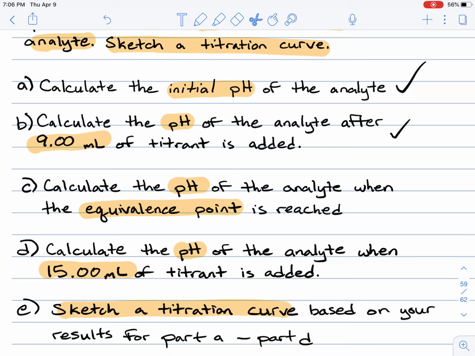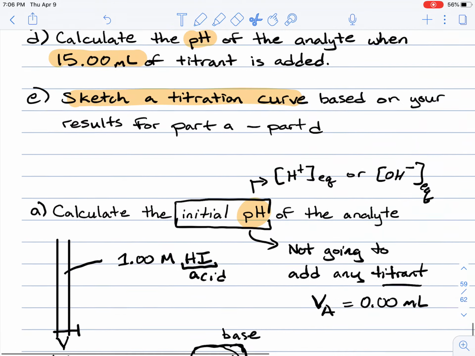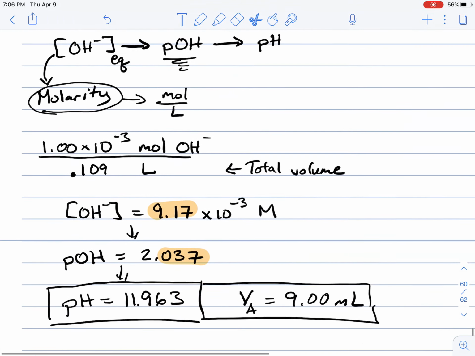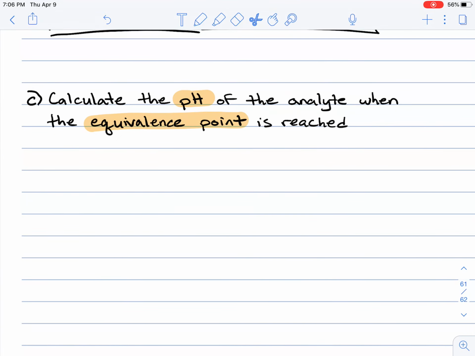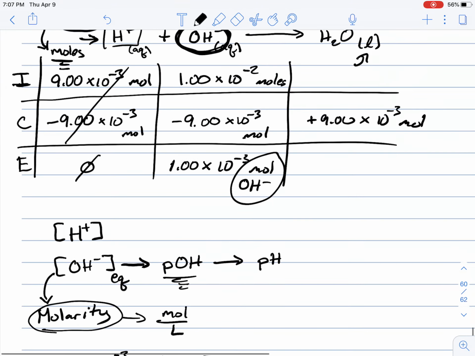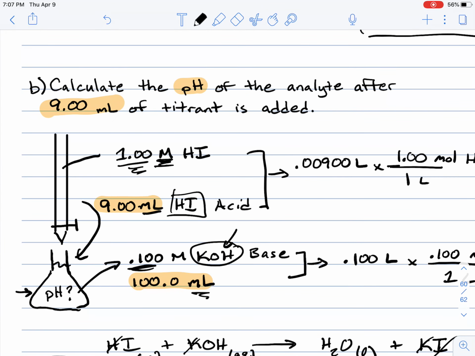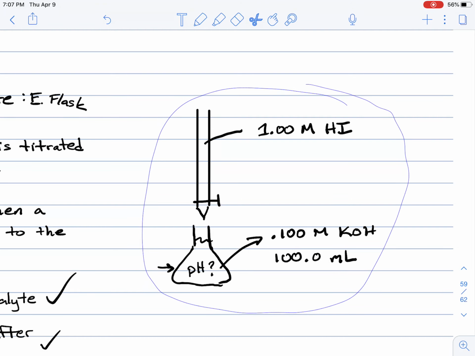All right, so let's go ahead and do part C. So for part C, we're still going to calculate the pH of the analyte when the equivalence point is reached. And so I'm going to go ahead and just copy one more item. That one's too messy. I'll go ahead and just copy the original.